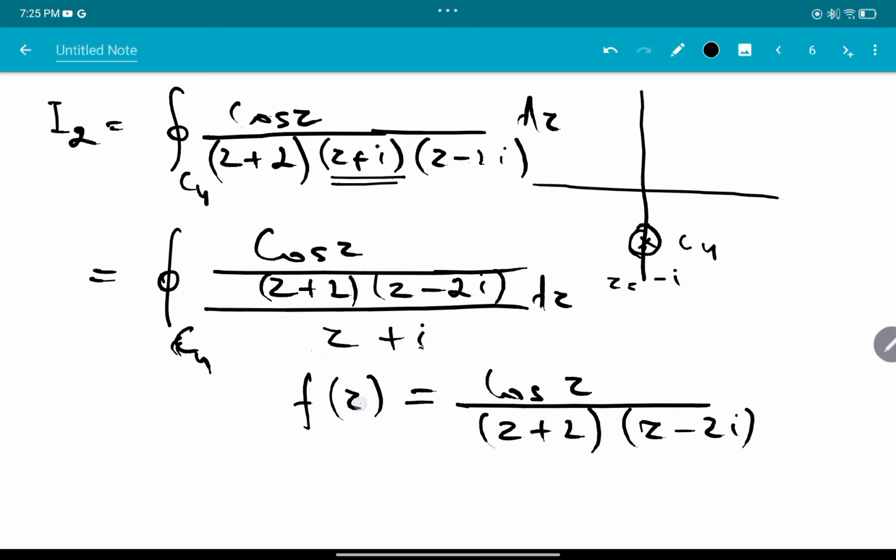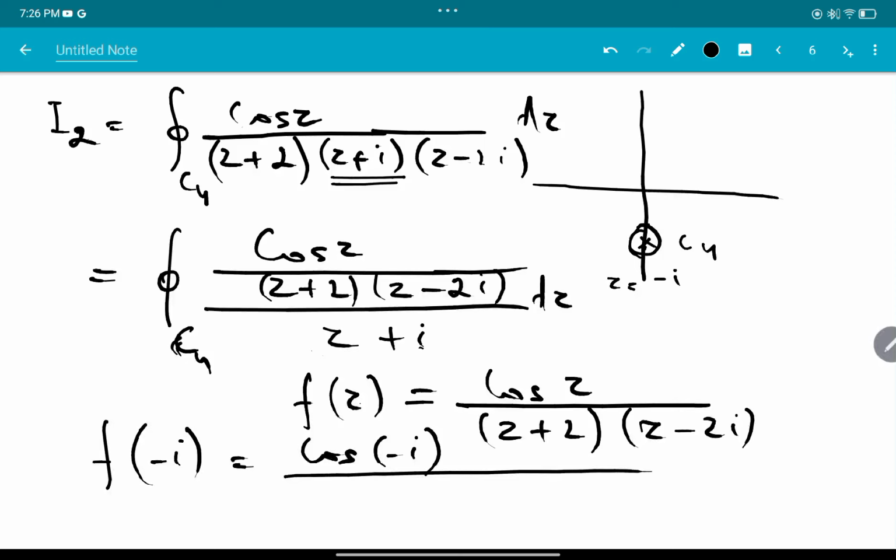Now f(z) is to be evaluated at the location of this singularity. What is its value at this location? Let us see. f(minus i) is equal to cos(minus i) divided by (minus i plus 2) into (minus i minus 2i).